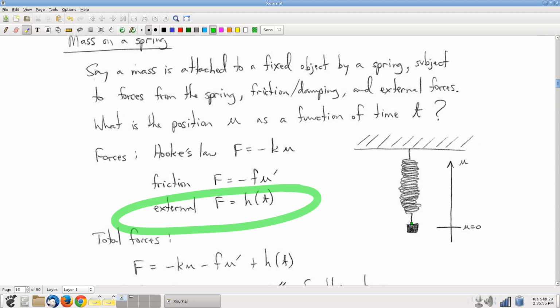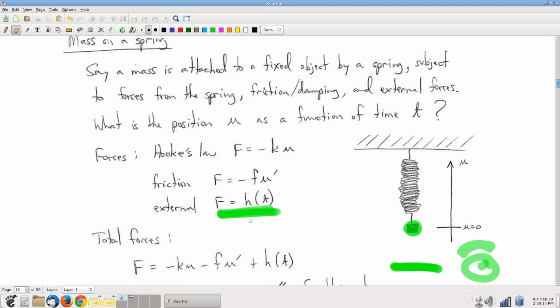Maybe this mass is made out of some sort of metal, and there's an electromagnet down here with a dial on it, and somebody is turning the dial back and forth over time, thus applying these external forces. We're just going to leave this open as some function of t, and we'll come back and consider different cases of that later.